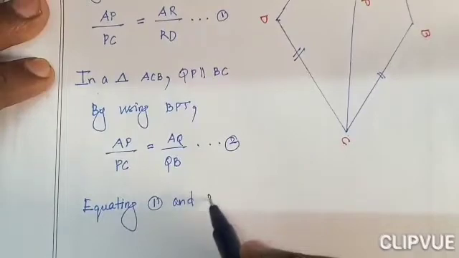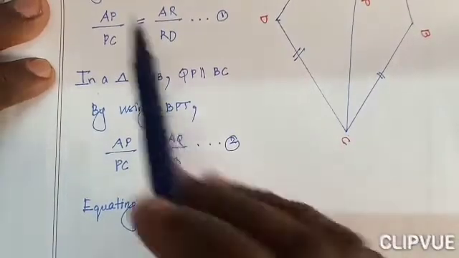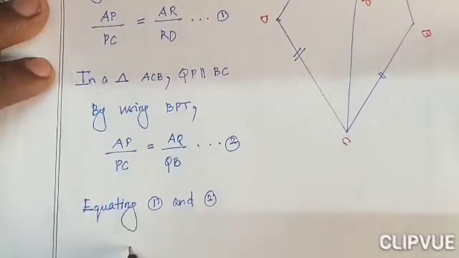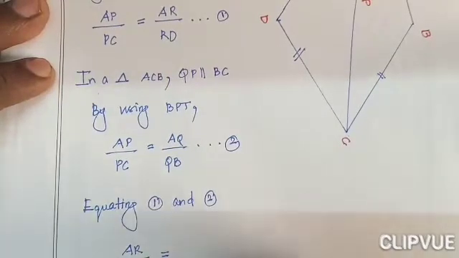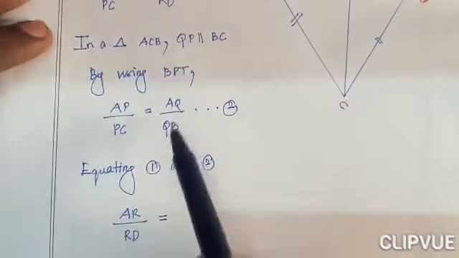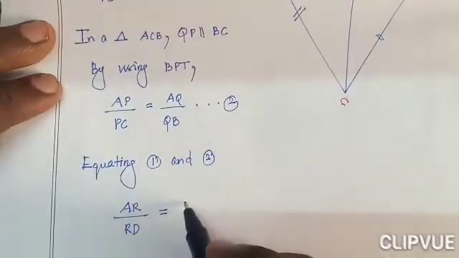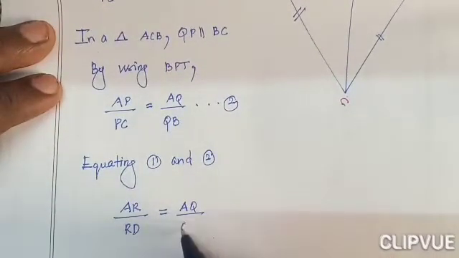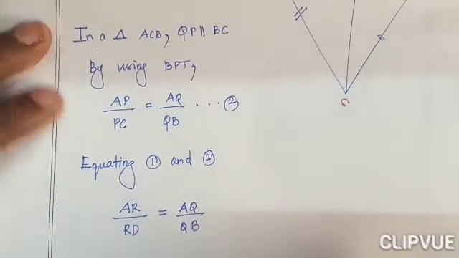Equating 1 and 2, what do we get? AP by PC equal to AR by RD, and AP by PC equal to AQ by QB. Okay.